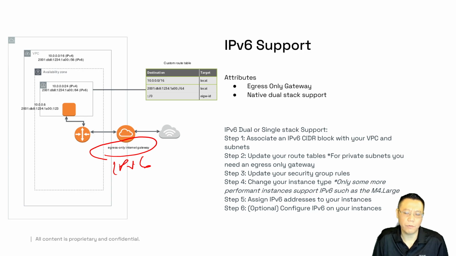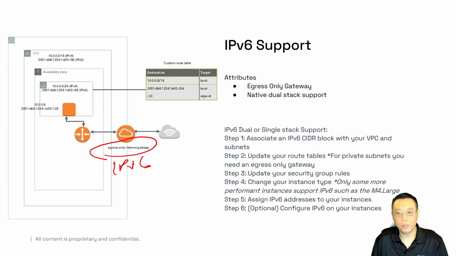Now that sounds really confusing, and it might be. Just think of NAT gateway serving the same function as egress-only gateways, but egress-only gateways are IPv6. NAT gateways serve the same purpose, for IPv4. Don't ask me, that's how they named it.